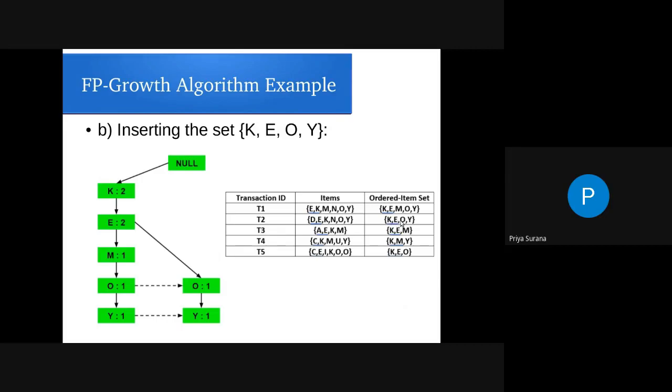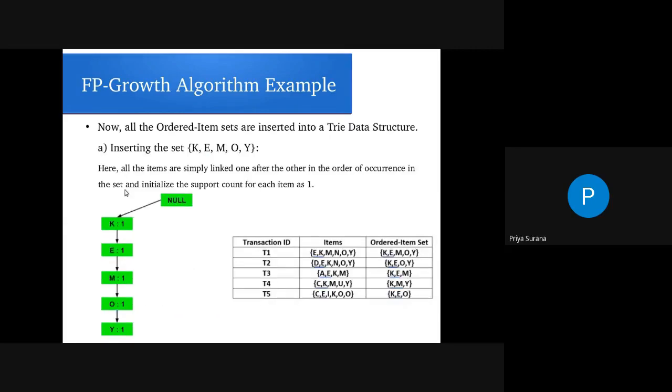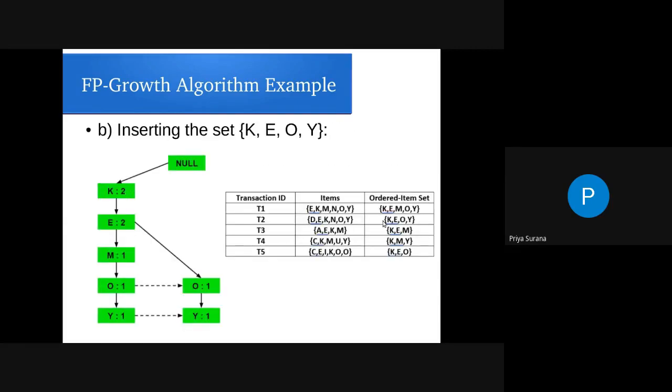That is K, E, O, Y. How is it inserted? Till the insertion of elements K and E, the support count is simply increased by 1. Prior to this it was 1. Now K equals 2, E equals 2.